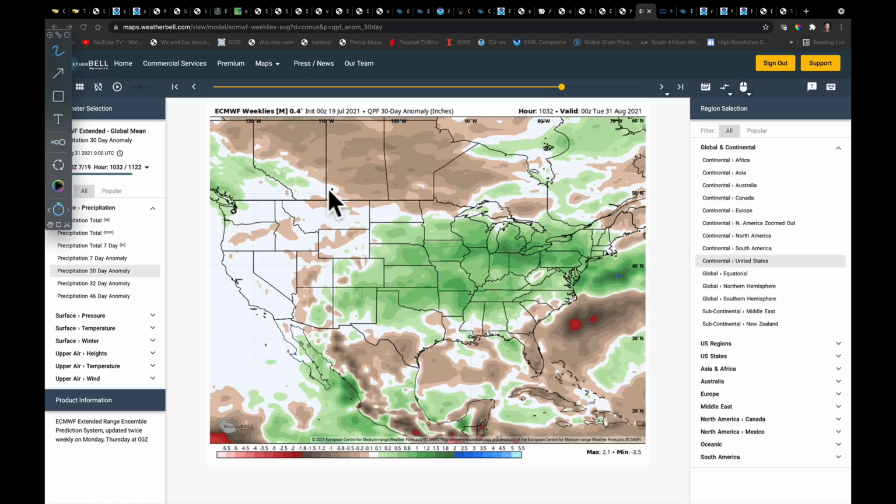I'd call it into question because we've been seeing ridge riders, right? But you notice that the model has to do something with that moisture, and it spreads it out here and provides above average precipitation. So this is what we're going to compare against in each forecast video, because this is what the outlook for August looks like at this point.